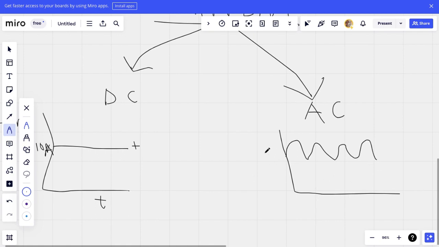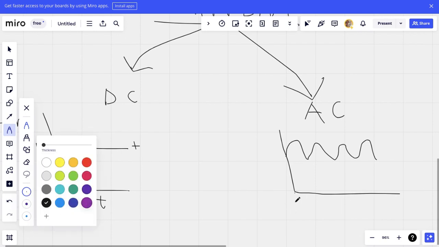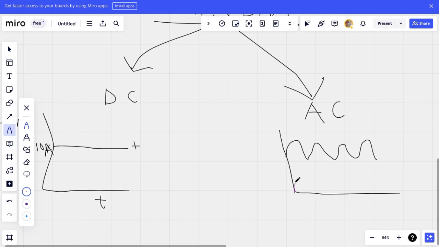It will be like this, and it will also be just like this. Let me use another color. Maybe if it's only the positive side, with no negative side, it will just be like this.